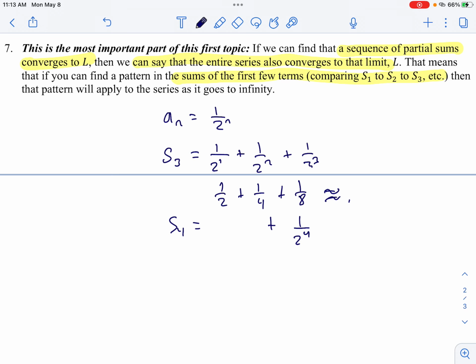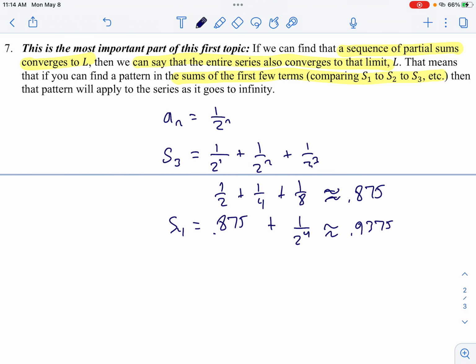Let's back up. So 1/2 plus 1/4 plus 1/8. 2 to the third power is 8, so 1/8 gives 0.875. There we go. So 0.875 plus 1 divided by 2 to the 4th power becomes 0.9375.